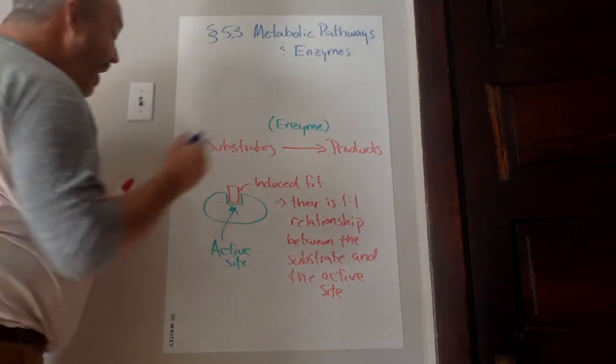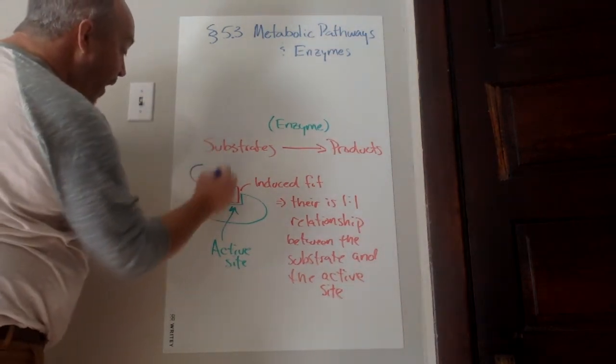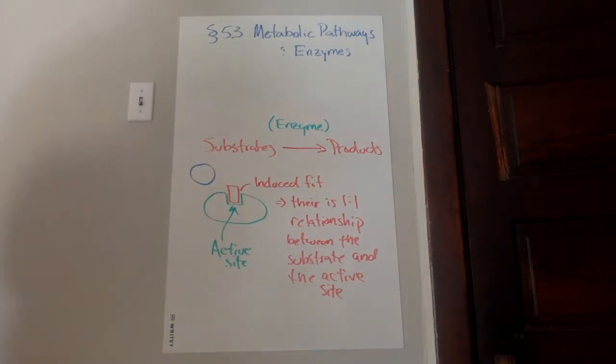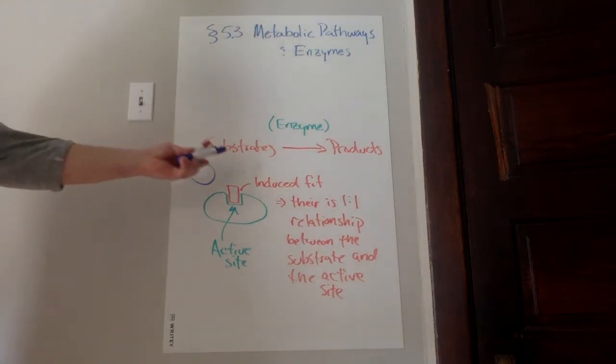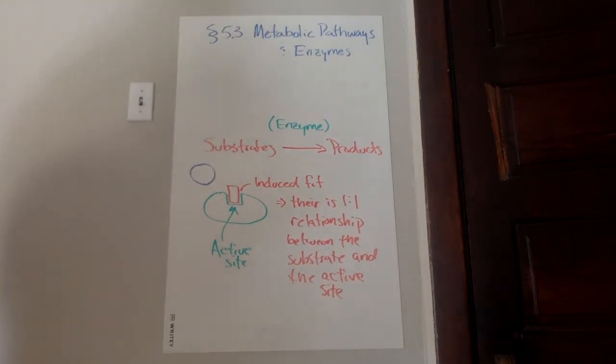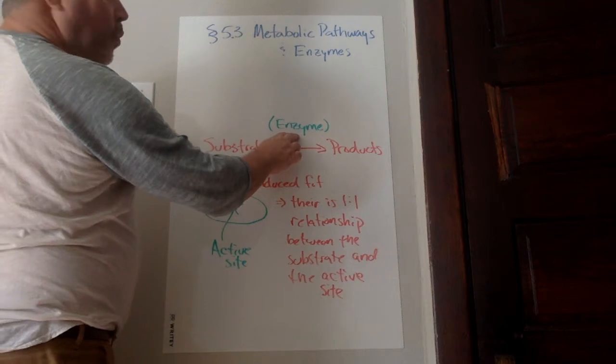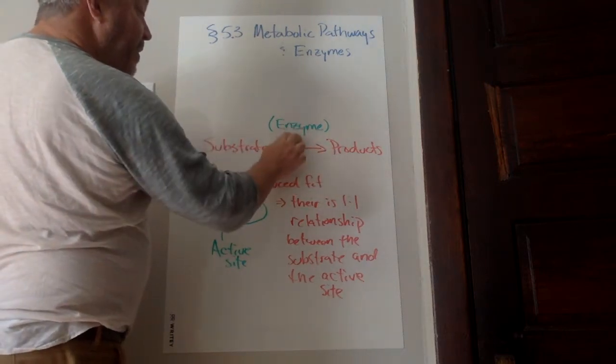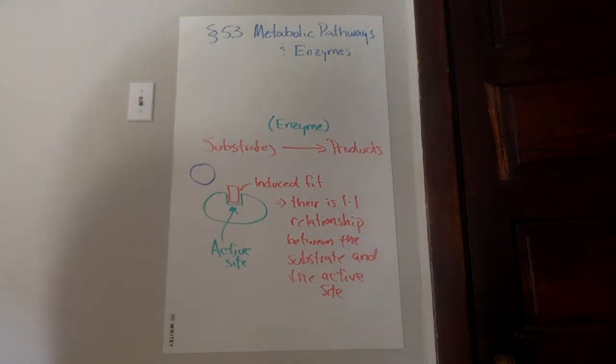For instance, if I had another substrate and it was circular like this, it cannot get into that active site because it doesn't have the right induced fit. So this is our general enzymatic equation. Instead of having the word reactants, we have the word substrates. Substrates will use an enzyme to get converted into a product. This saves the body energy.